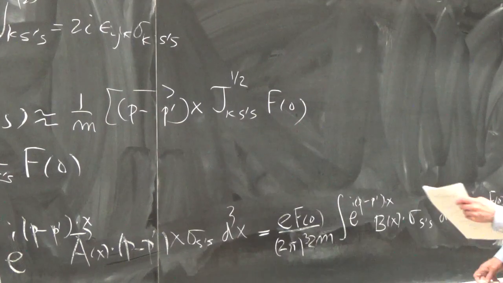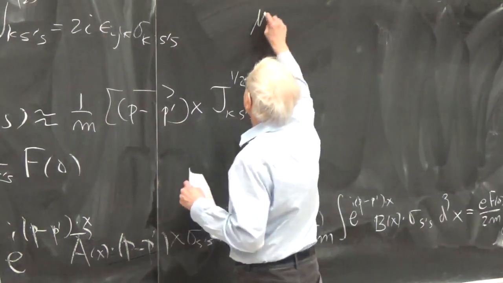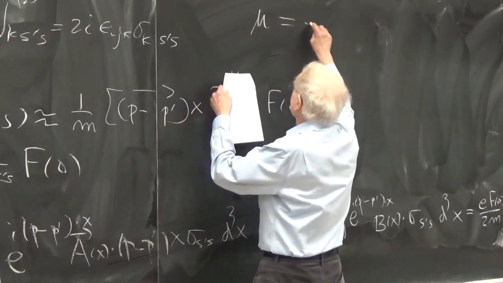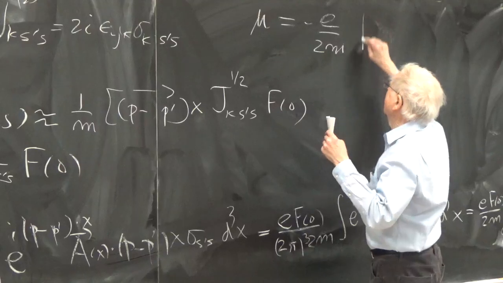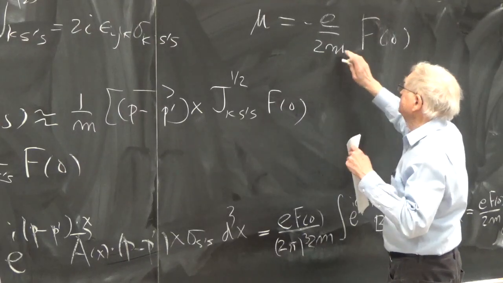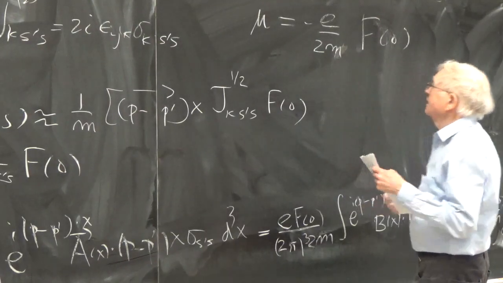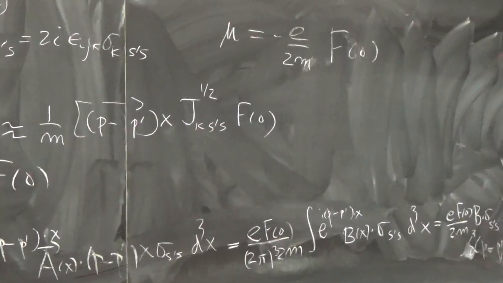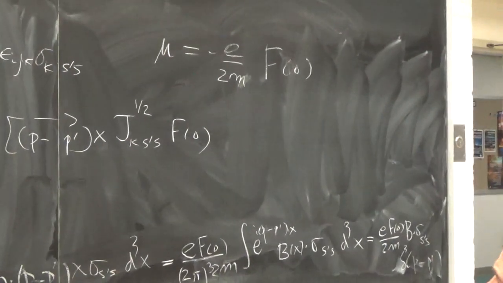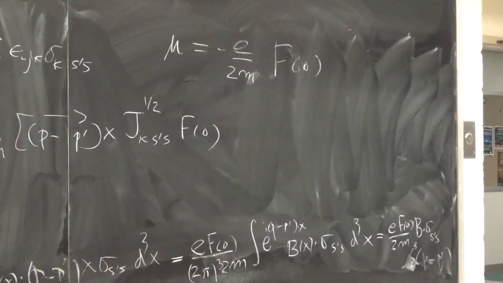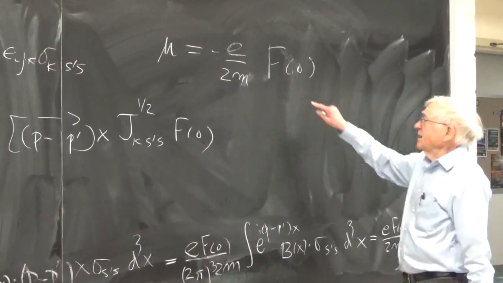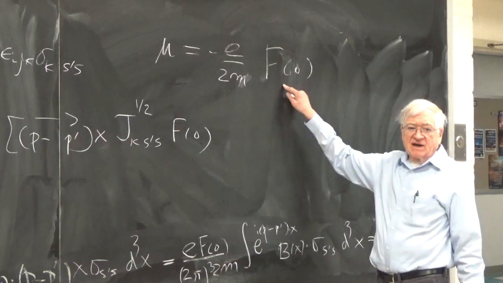That then identifies the magnetic moment as minus e over 2m times the form factor F of 0. So that's the analytic derivation of things. In other words, and of course this is the form factor we normalized.